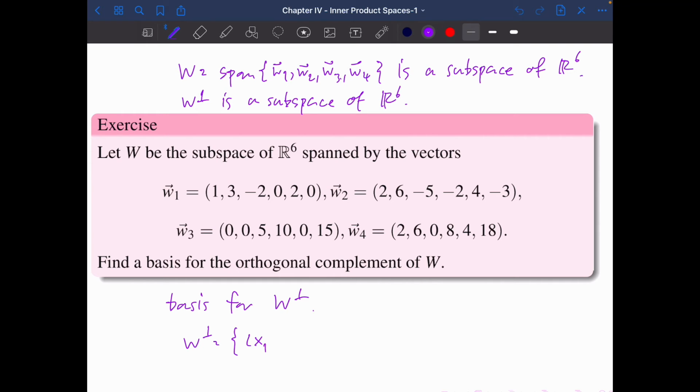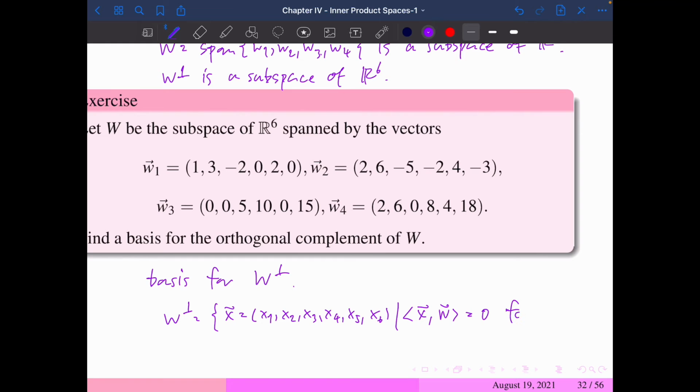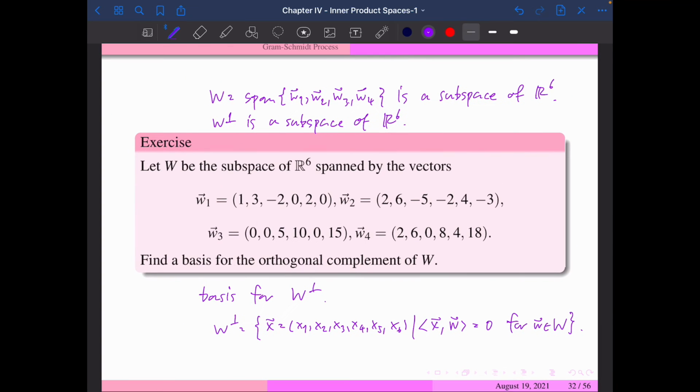We denote an element as x. So W perp is the set of x = (x1, x2, x3, x4, x5, x6), with the property that the inner product of x and w is equal to 0 for any vector w in W.